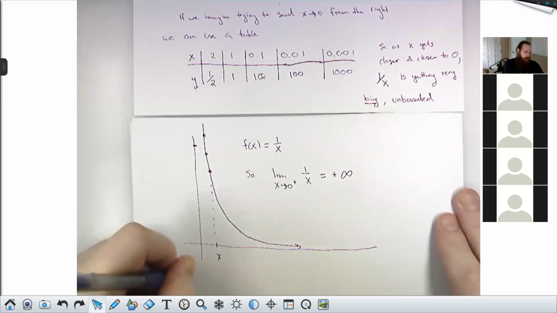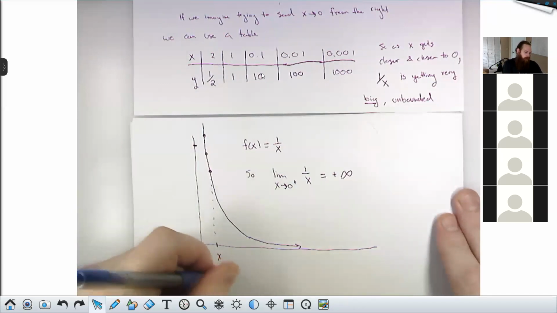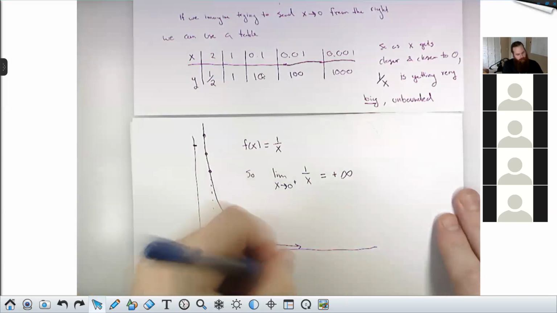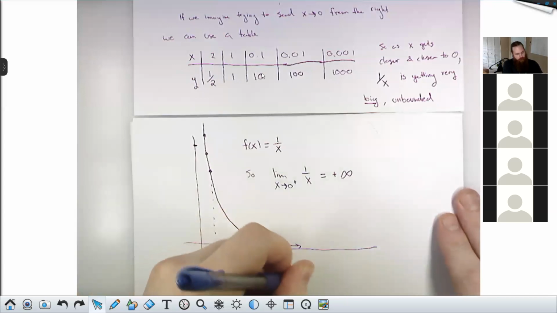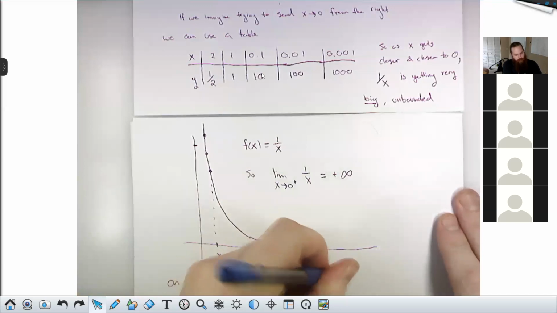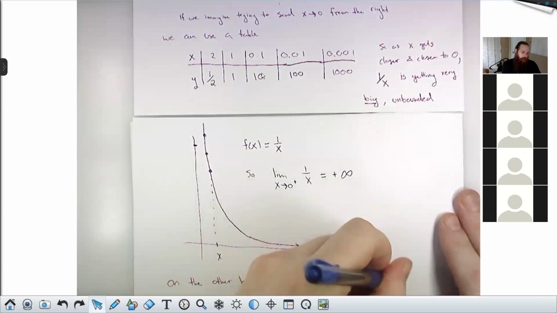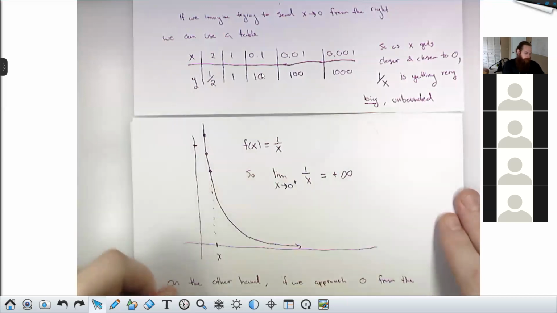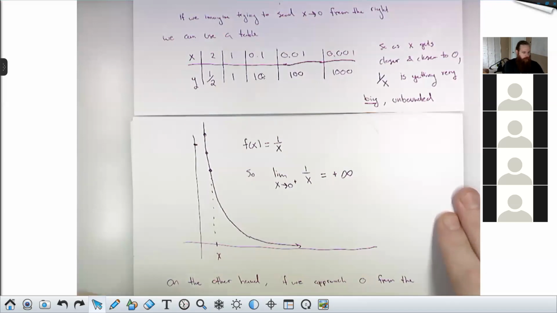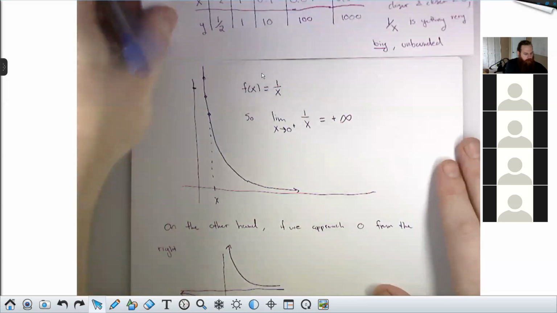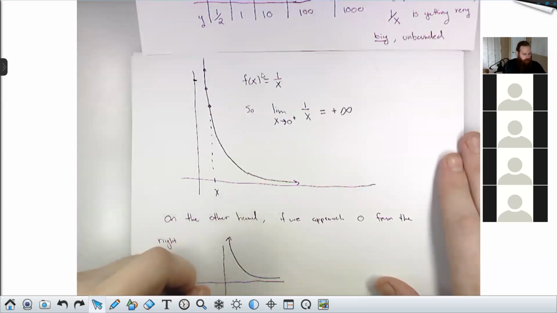On the other hand, if we approach 0 from the right, if I send x closer and closer to 0 from the right-hand side, you can see we're doing the same sort of thing.